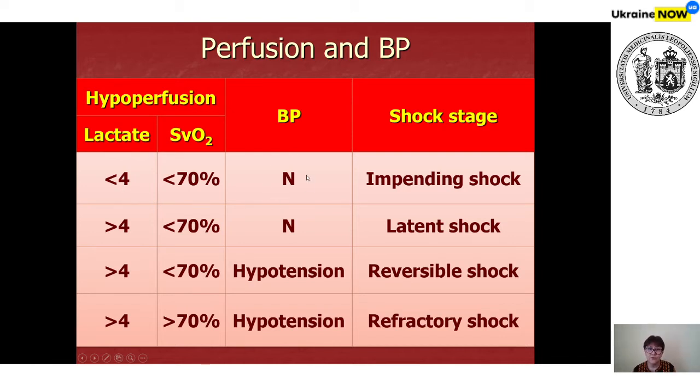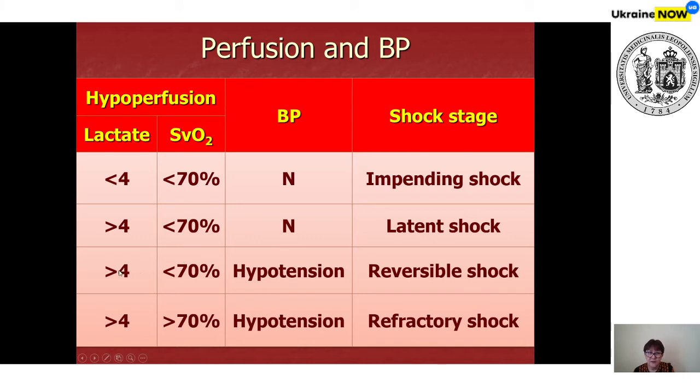So the patient has normal blood pressure and lactate less than 4 millimole per liter, but decreased venous saturation, less than 70. In this study we very often diagnose the shock, but it's impending shock. If in this patient with normal blood pressure, decreased venous saturation increases the lactate level, it's shock, but it's latent shock.